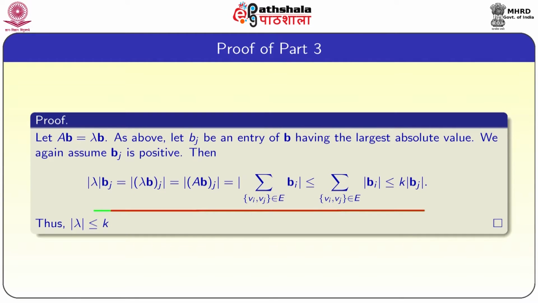Then modulus of lambda times Bj is equal to modulus of lambda Bj, which is equal to the jth entry of AB, which is equal to modulus of the summation over Vi Vj belonging to E of Bi, which is less than or equal to the summation over Vi Vj belonging to E of modulus of Bi, which is less than or equal to k times modulus of Bj. So, we got that modulus of lambda is less than or equal to k.